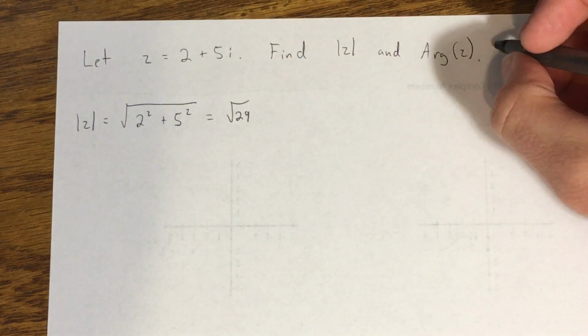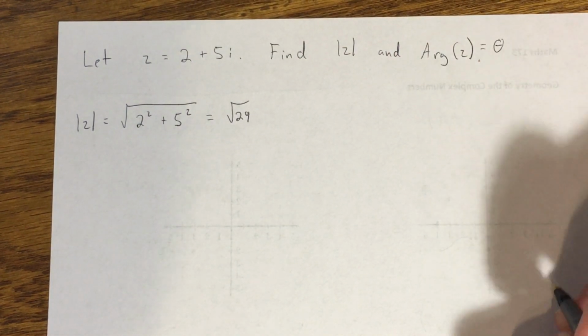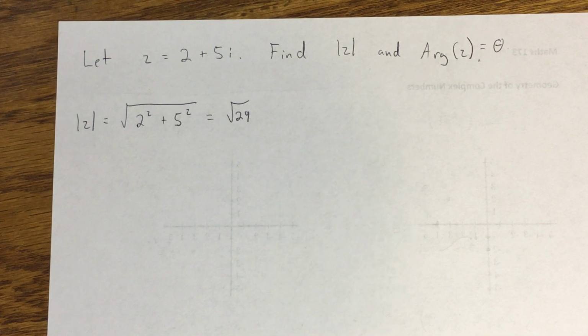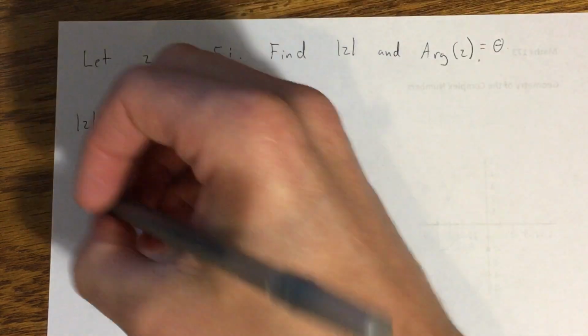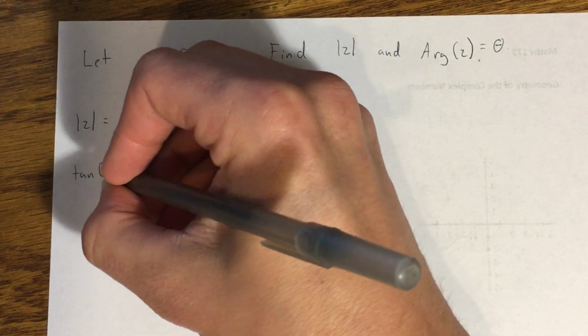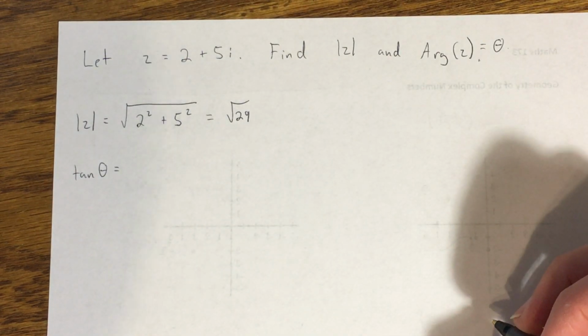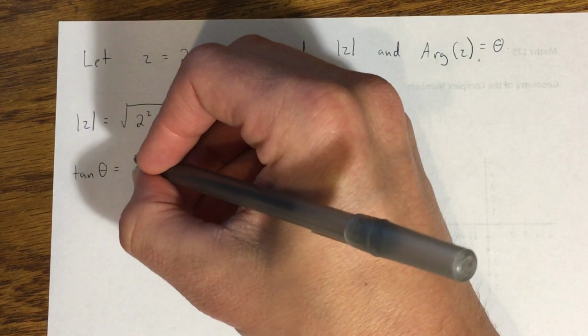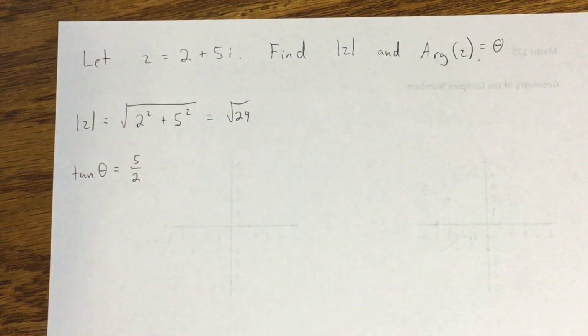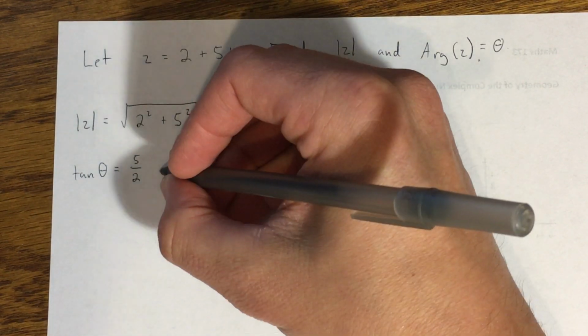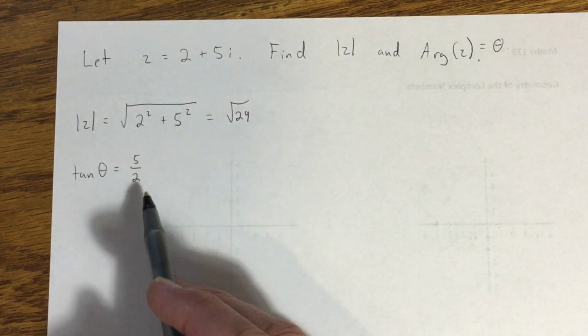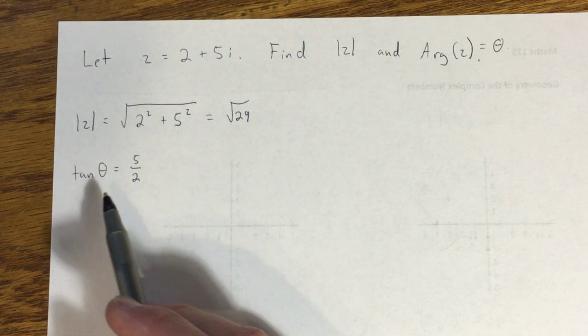Well, again, the argument we oftentimes call theta. So either of these terms apply here, or symbols, I should say. So that means the tangent of theta is equal to y over x, 5 over 2. Now, this is not a familiar value for tangent, but there is a solution to this.